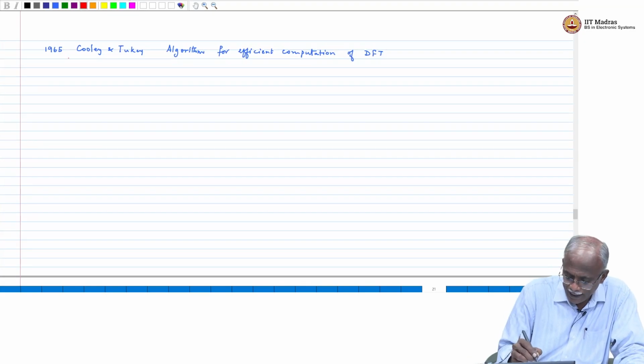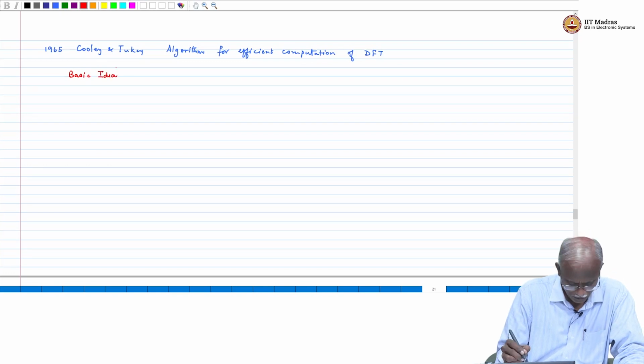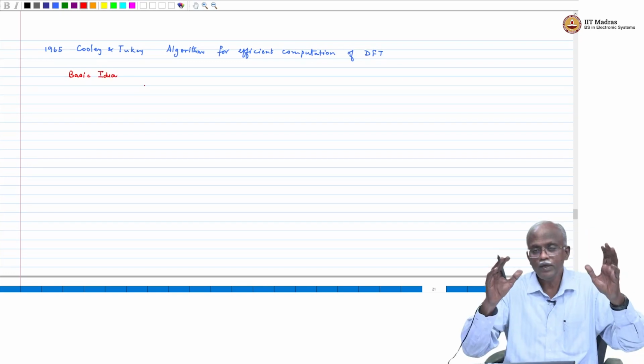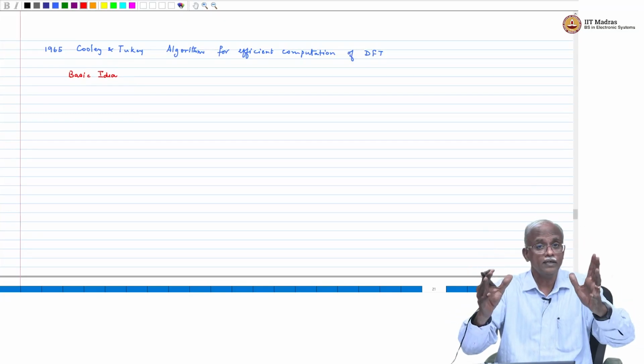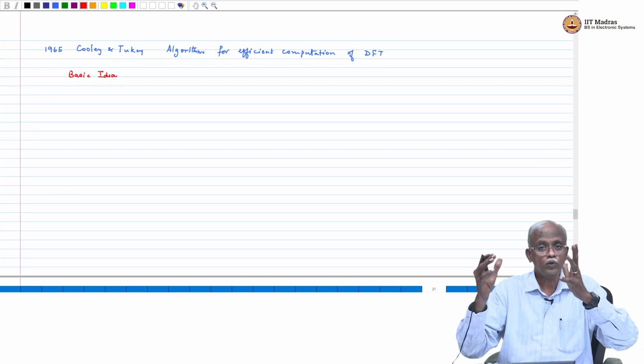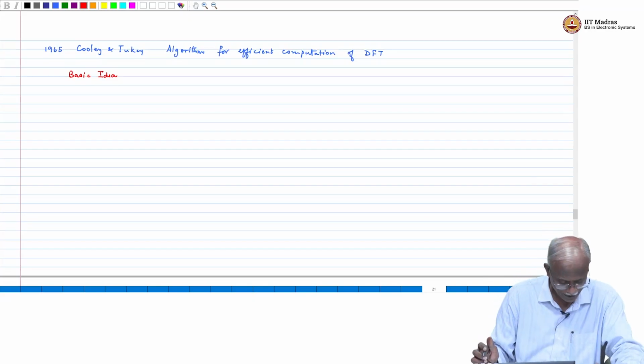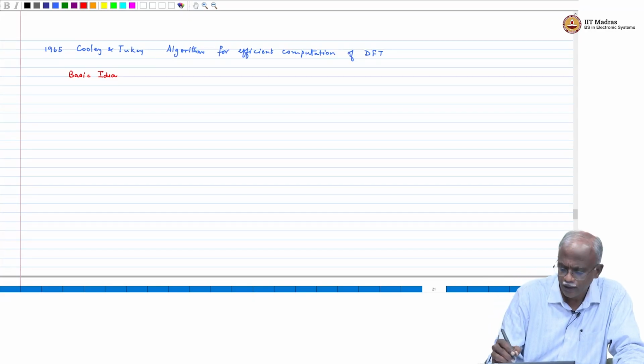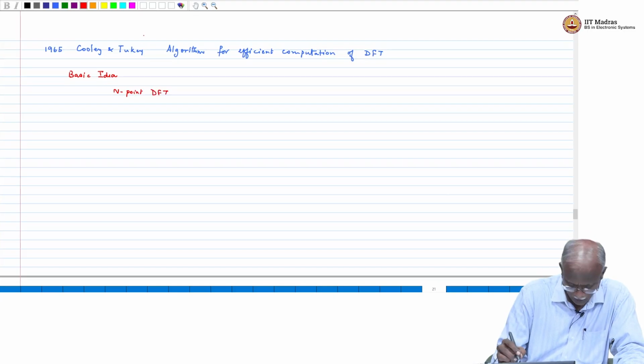Their basic idea, what was introduced by Cooley and Tukey, was the following. Can we break a size n DFT into two n by 2 point DFTs? An n point DFT will have order n squared.